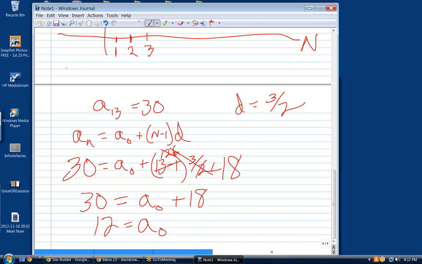And in fact, if I was going to list out the sequence, the first term would be 12. What would the next term be? Then you would add on the common difference. And that'll give you the second term, and so forth. Exactly. So it's 12 plus 3 halves.